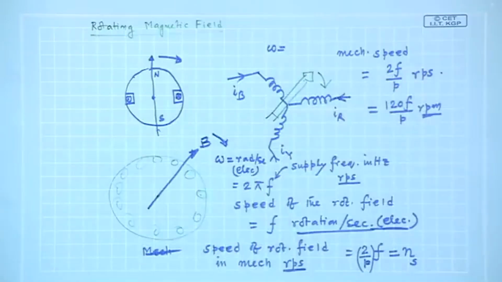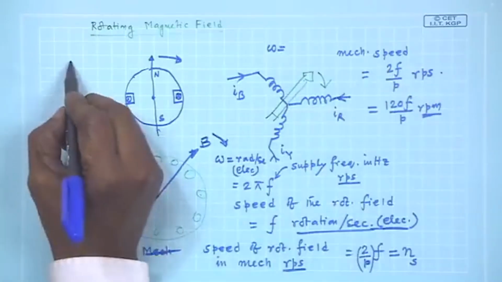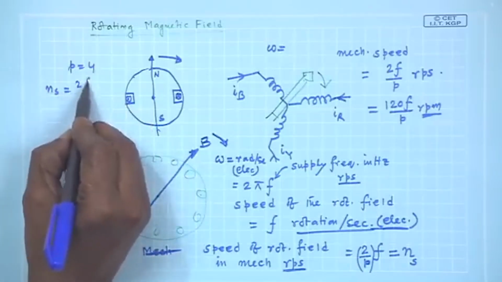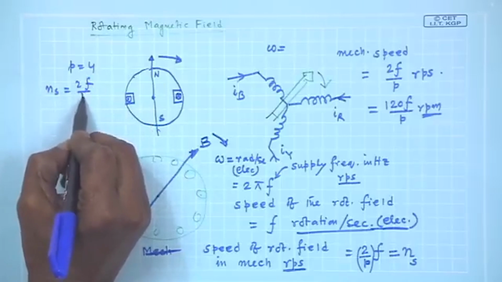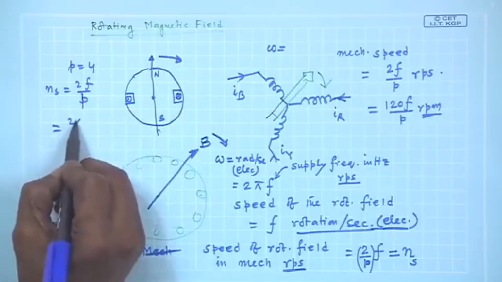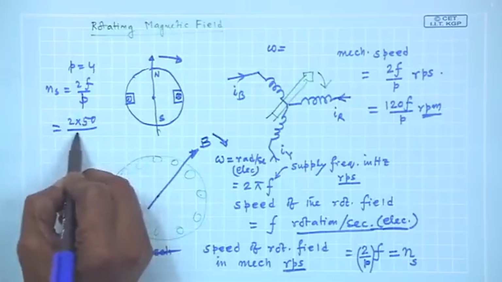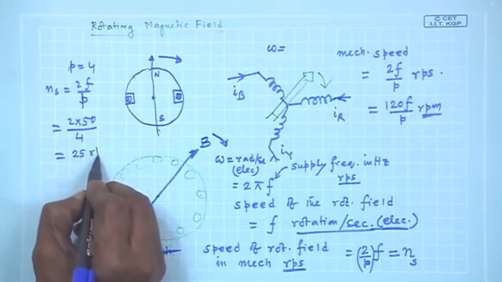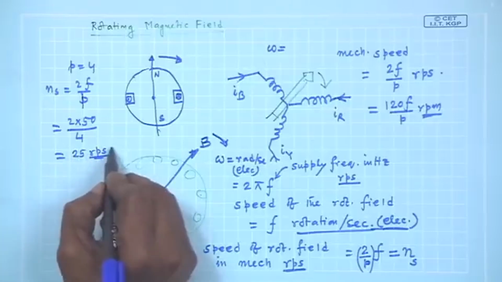If p equal to 4, ns which is equal to 2 f by p, and f in our country is 50. So, 2 into 50 by 4, it is equal to 25 RPS mechanical speed.